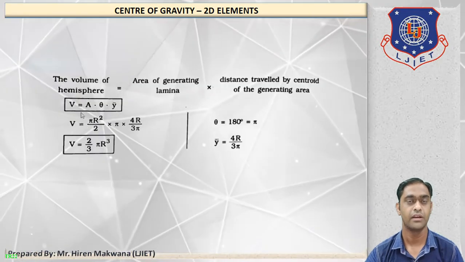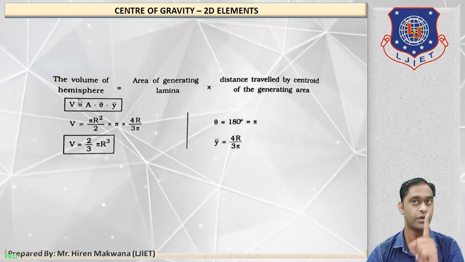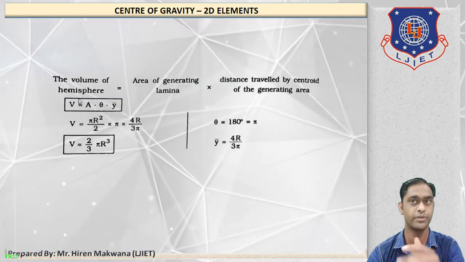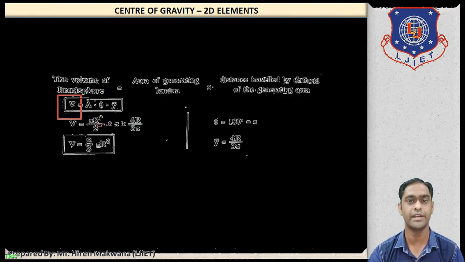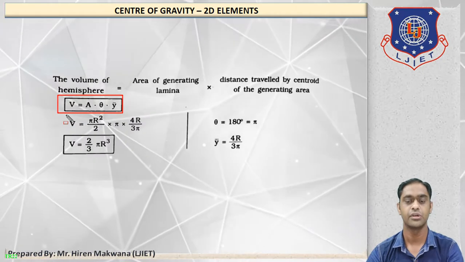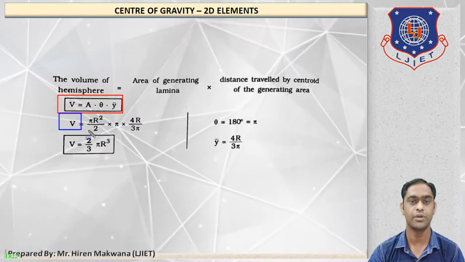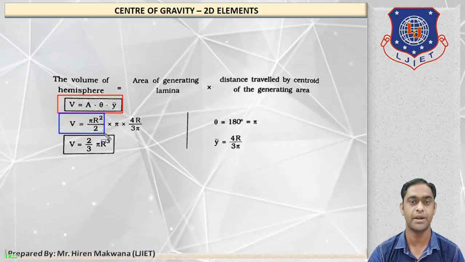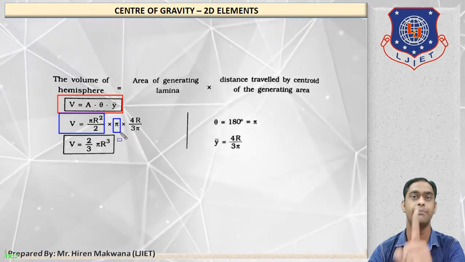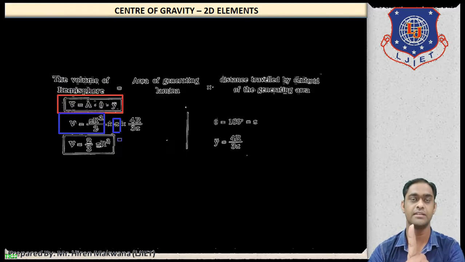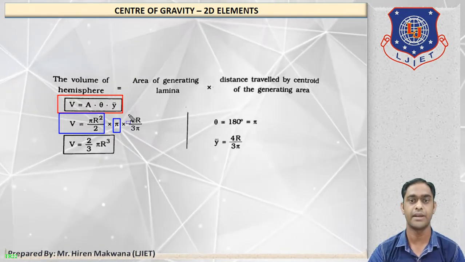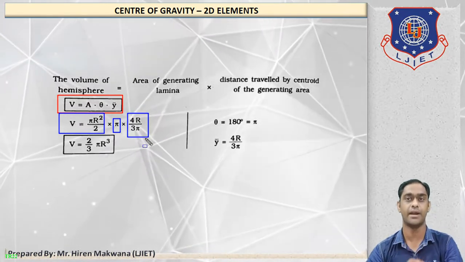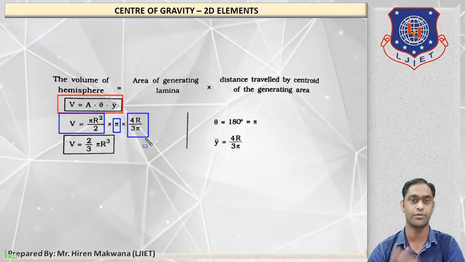In this formula, the figure is rotated up to 180 degrees, so a hemisphere is going to be generated. Now, as per the formula, volume is equal to area theta y bar, in which area is the area of the semicircle, pi r square by 2. Theta is now only pi, meaning 180 degrees, as the object is generated only up to 180 degrees. And y bar is equal to 4r by 3 pi, the distance of the CG from the axis of rotation.